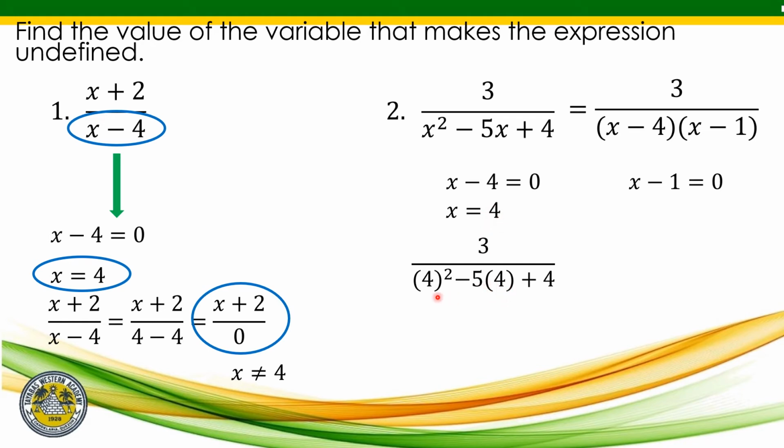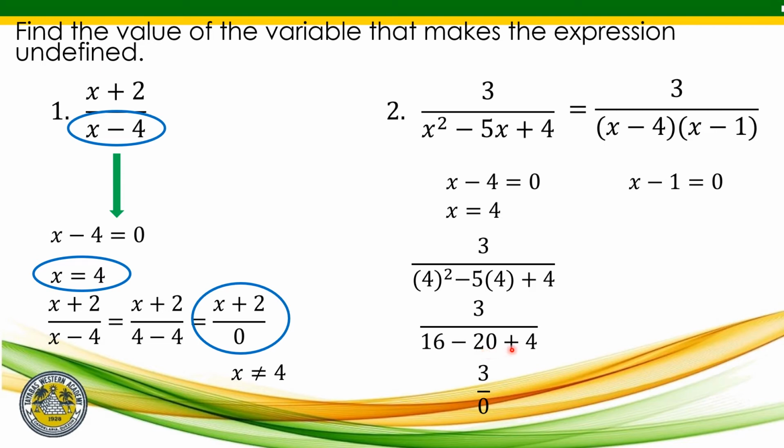So, isa-substitute lang natin. So, 3 over 4 squared minus 5 times 4 plus 4. So, 4 squared is 16. Negative 5 times 4 is negative 20. Positive 4, bring down. Then simplify. So 16 minus 20 is negative 4.